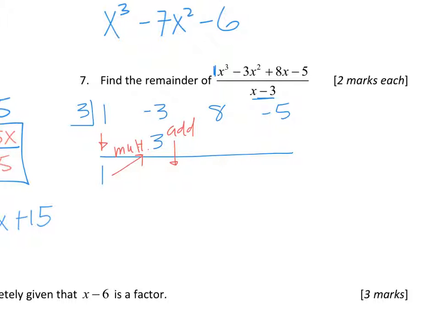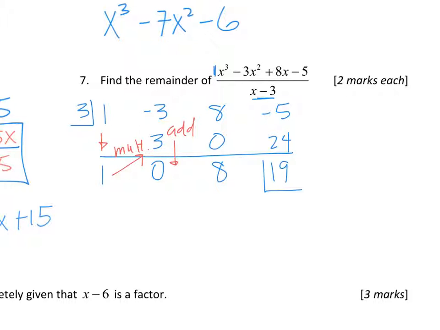So negative 3 plus 3 is 0. We multiply to go up, 0 times 3 is still 0. We add to come down is 8. We multiply to go up, 24. We add to come down, 19. And then I like to separate that last number because that is our remainder, and that's treated a little bit differently than the rest of the answer.